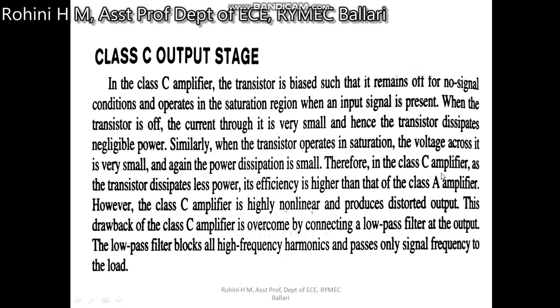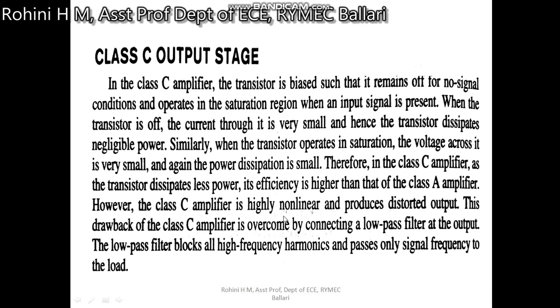Therefore in the class C amplifier, as the transistor dissipates less power, its efficiency is higher than that of the class A amplifier. However, the class C amplifier is highly non-linear and produces distorted output. This drawback of the class C amplifier is overcome by connecting a low pass filter.